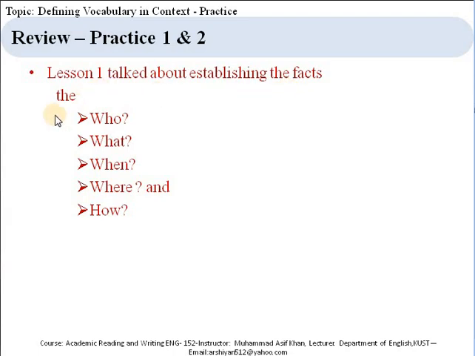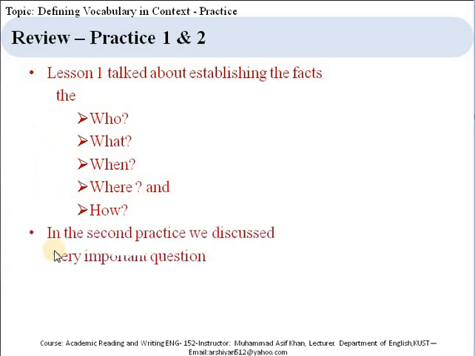In the second practice, we discussed another very important question, and that question is the why question. When we discuss that question, it relates to finding the main idea of any passage.